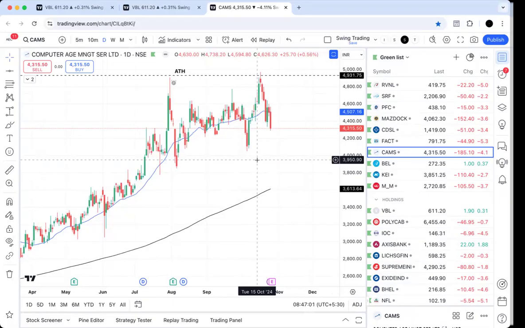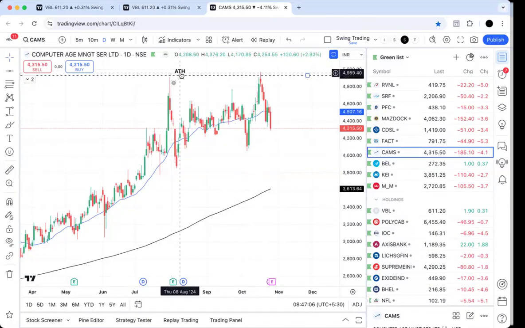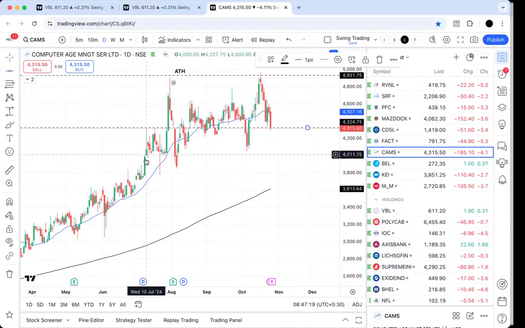CAMS. This one also, if you watch carefully, the all-time high area has been rejected several times. It has come down. Now what I'm looking for here, I'm going to draw a horizontal line right here. What I'm noticing is that here is a resistance. It broke the resistance and came down, and it did not respect it.